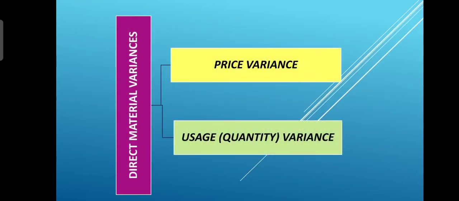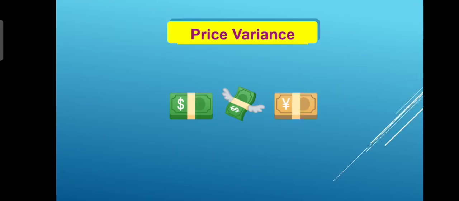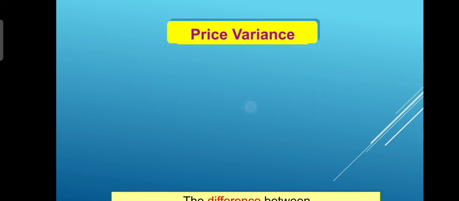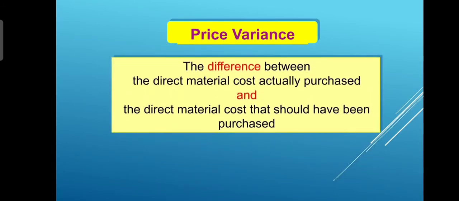There are two direct materials variances, price variance and usage or quantity variance. Price variance is the difference between the direct materials cost actually purchased and the direct materials cost that should have been purchased.